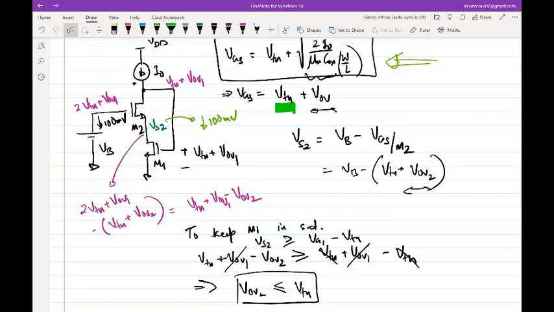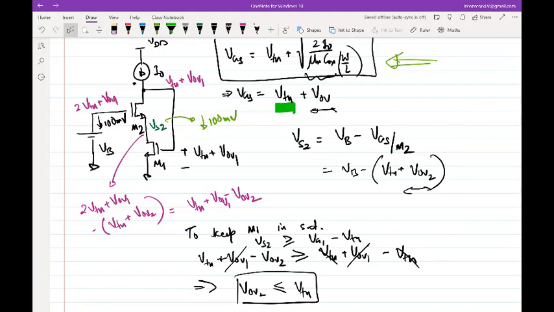How much can I decrease or increase? M2 is going more in saturation, yes. Correct. You can tell me what is the constraint.